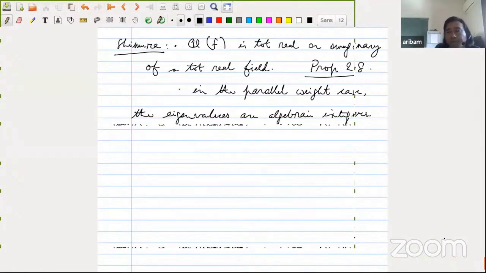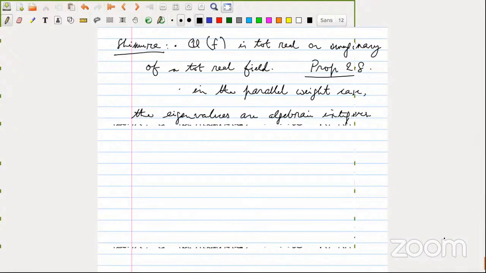There can be automorphic forms which are not Hilbert modular, things which are defined over the symplectic groups and so on. Okay, so I think it's just a matter of terminology.